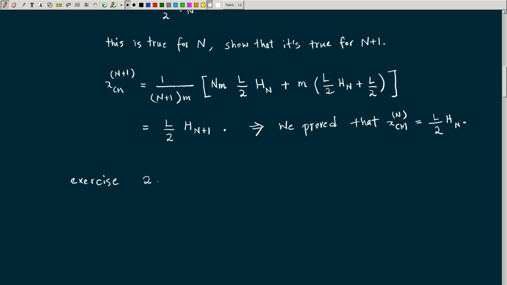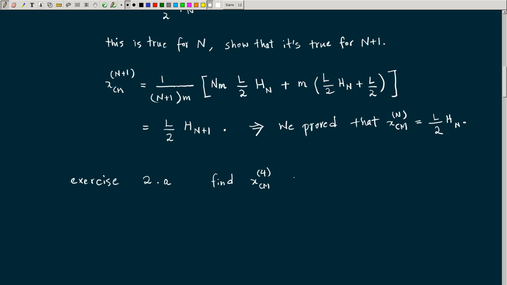Exercise 2, tutorial number 2, exercise number 1. Or let's code it with ABC. Exercise 2A is find xcm4 for 4 books.